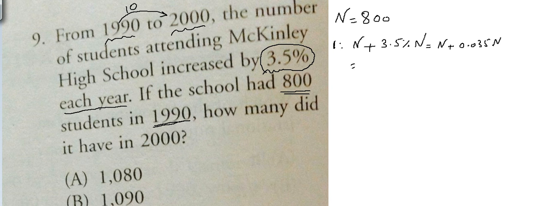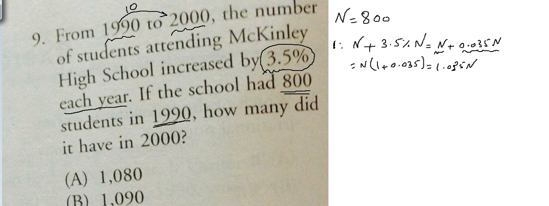Taking n as a common factor, what is left from the first term is 1, and from the second term 0.035. The answer is 1.035 n.